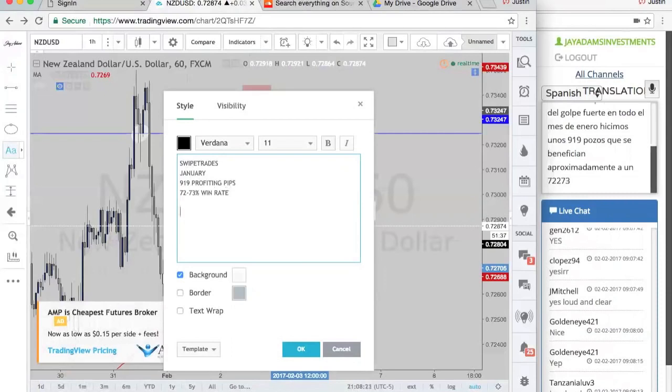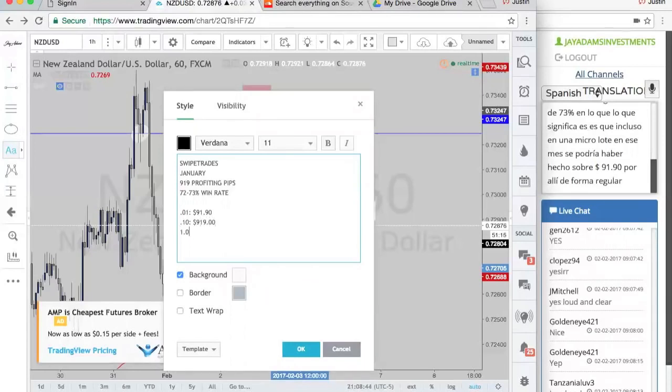So that means even on a micro lot in that month, you could have made about $91.90 around there. On a regular lot, around $919.